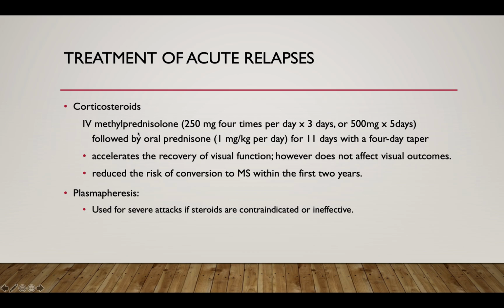So this is the important thing: treatment of acute relapses, because you could do it even if you are not in the neurology field. If a patient with multiple sclerosis comes with an acute relapse, you want to give corticosteroids, especially IV methylprednisolone, 250 milligrams four times per day for 3 days, or 500 milligrams for 5 days.